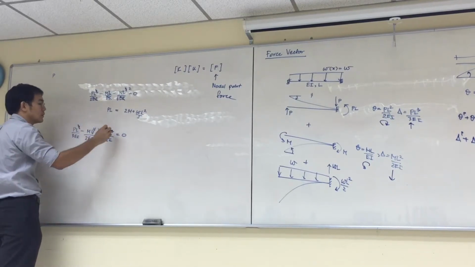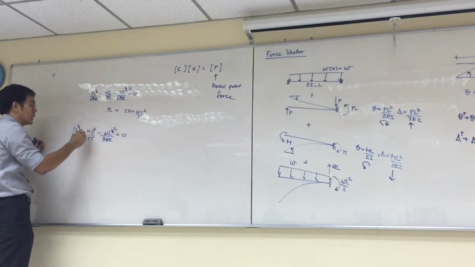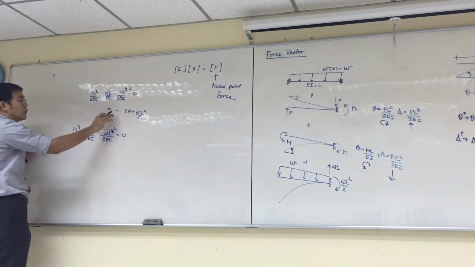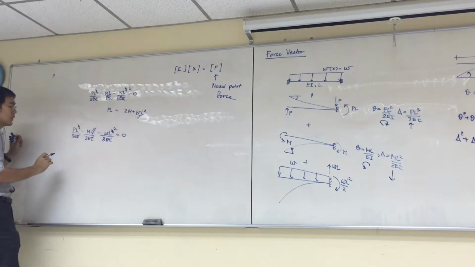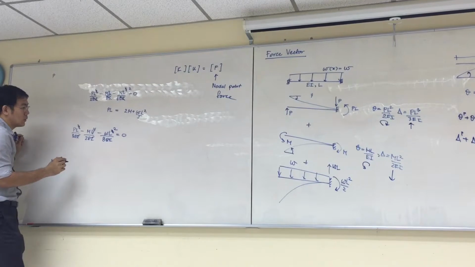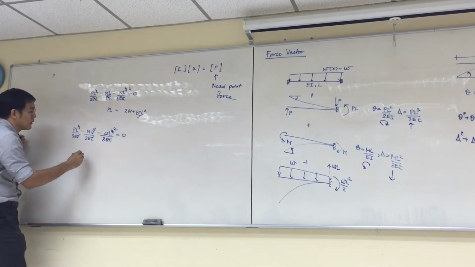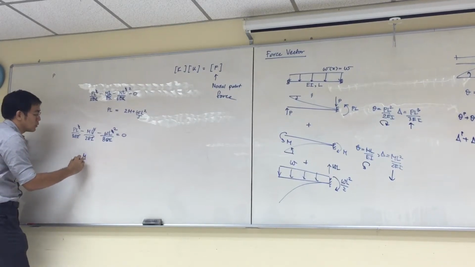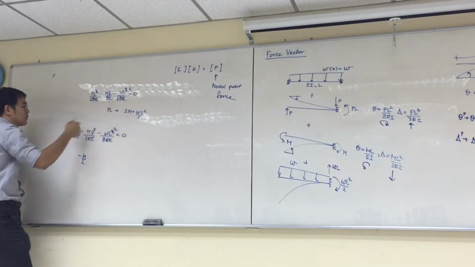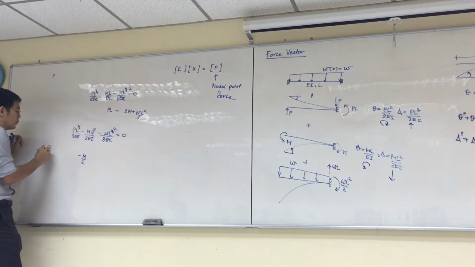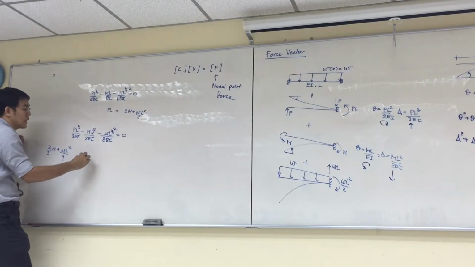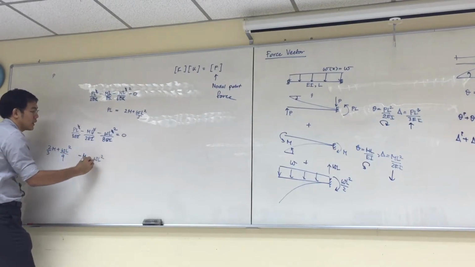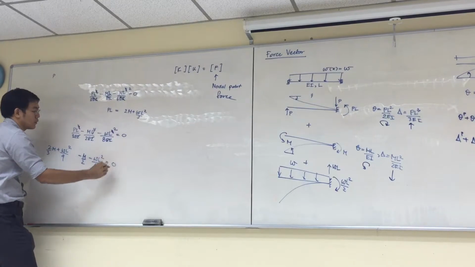Cancel out EI and L squared. Now we represent the PL in terms of these things. We have minus M over 2 still there. Plug in here, I get 2/3 of M plus WL squared over 9, and then WL squared over 8 equals 0.